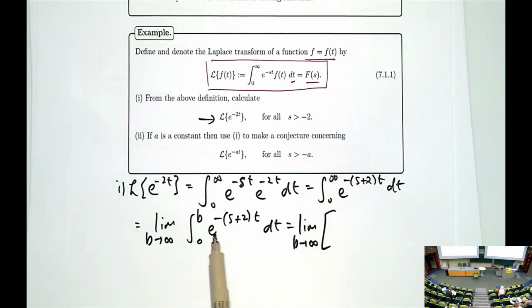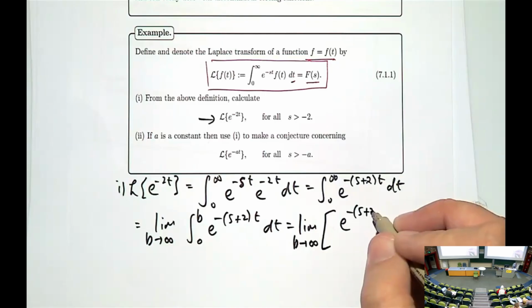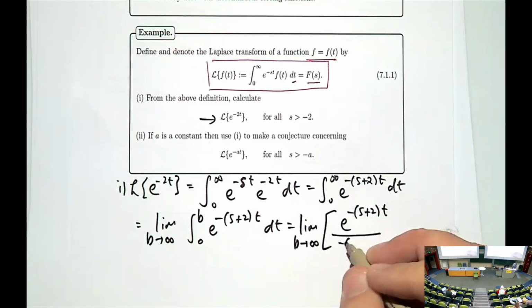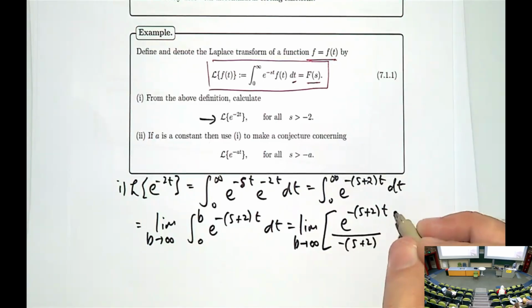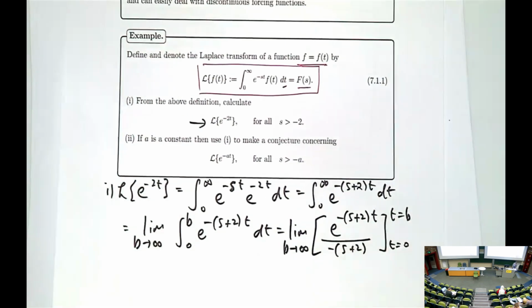All right, so we're integrating exponential with respect to t. This is constant. So it'll be something like that. Yeah? So we'll put in our values for t equals b, t equals 0, and then we'll take a limit.